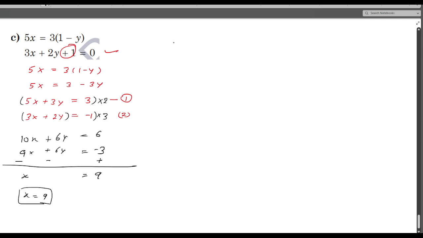Now you substitute this x is equal to 9 in any of the equations. So your 5x, that is 5 times 9, is equal to 3 times 1 minus y. Okay, so I divide both the sides by 3.